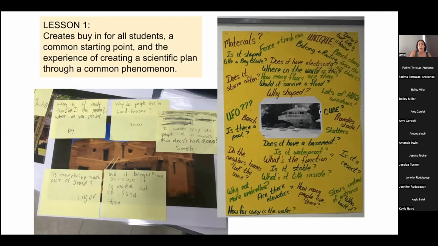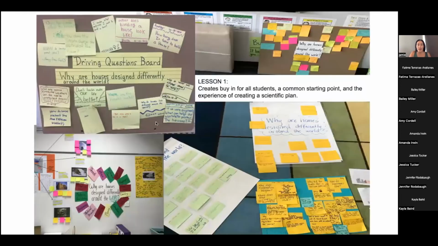As you get into it, you're going to have them make their driving question board. And here are some examples from other classes. This again creates buy-in for all students, and it's a common starting point.